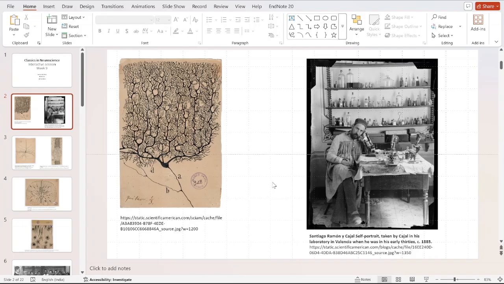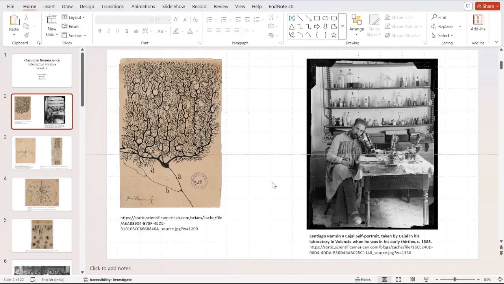But in this case, in Cajal's honor, the Cajal Institute was established when he was alive. Cajal died in 1934, and he was someone who had devoted all of his efforts to understanding the nervous system.